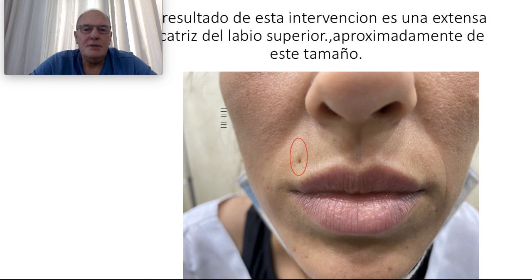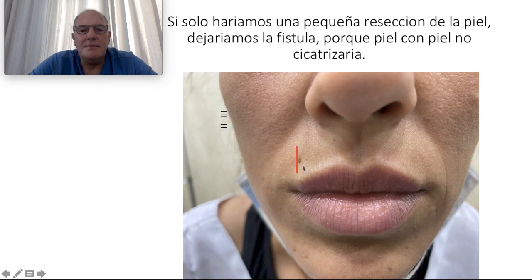and the patient goes to the surgeon, and most of them talk about a big resection, but the patient does not understand why a small scar like this, or a small fistula, must be resected and leave a big scar.